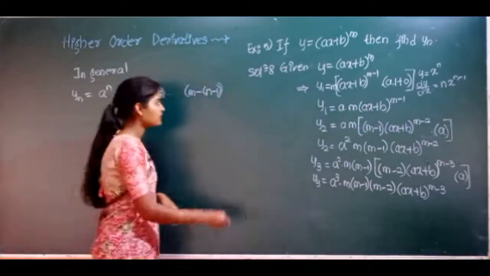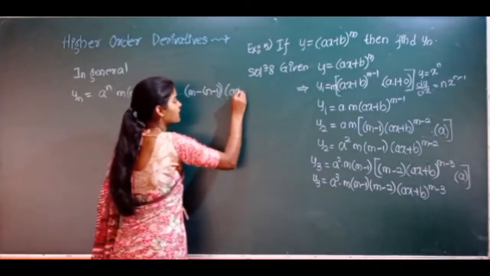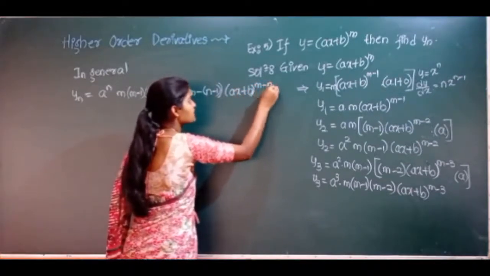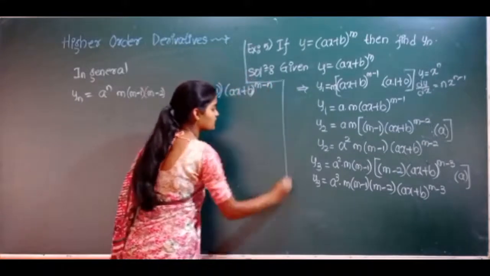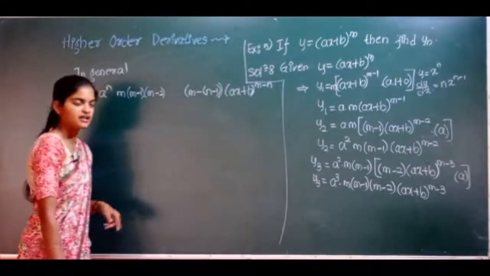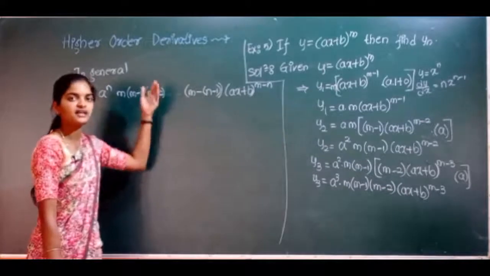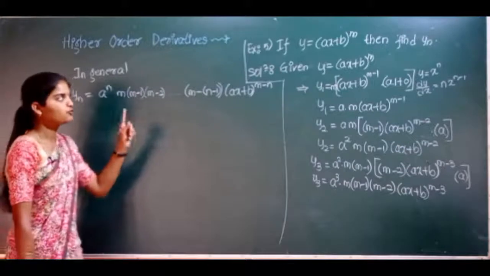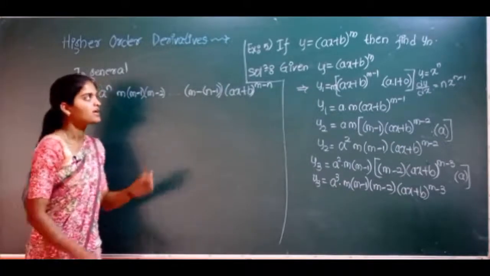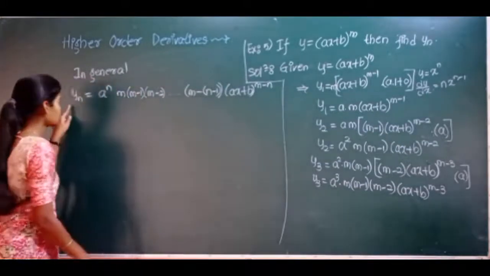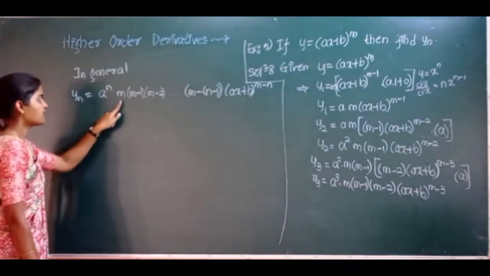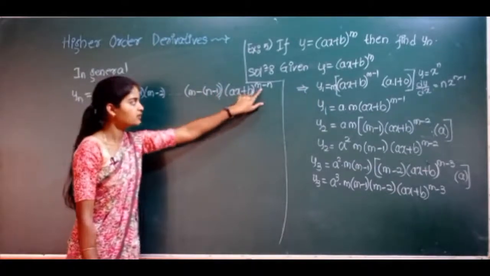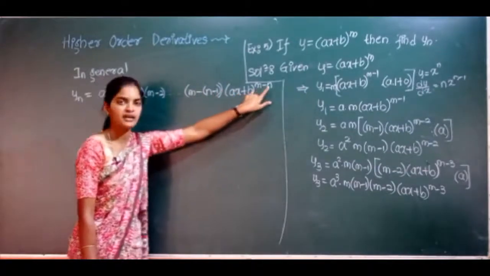Therefore, for the nth derivative it will be ax plus b raised to m minus n. This is how we get it by comparing y1, y2 and y3. Therefore, for the function y is equal to ax plus b raised to m, yn will be a raised to n, this term continues up to m minus n minus 1, and the power of ax plus b is m minus n.